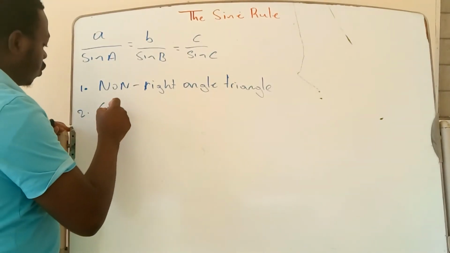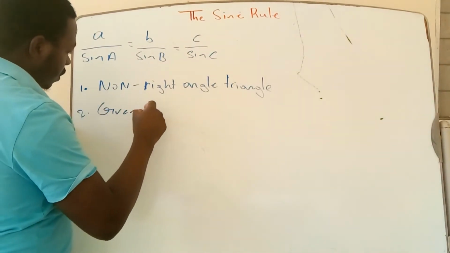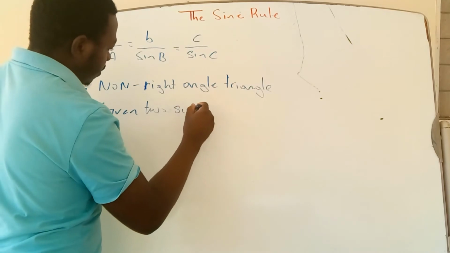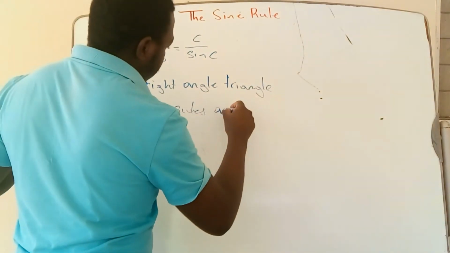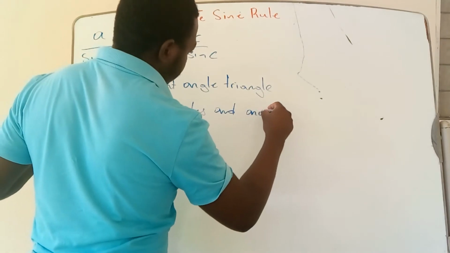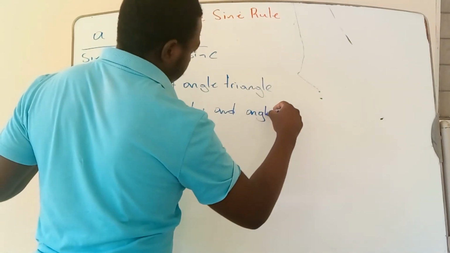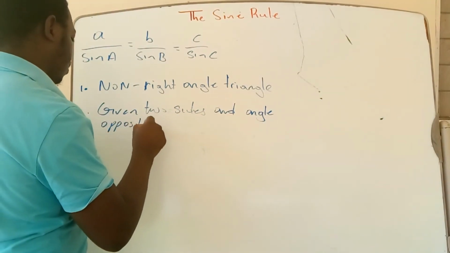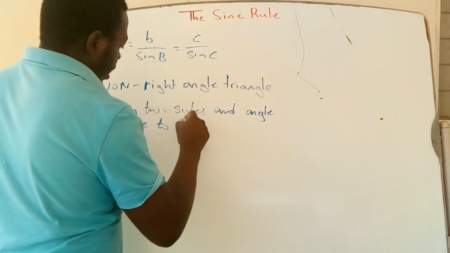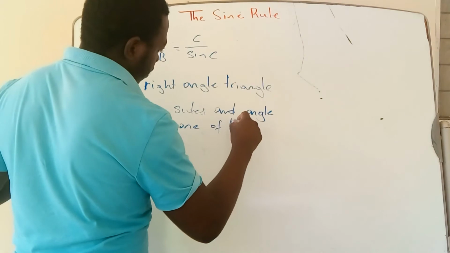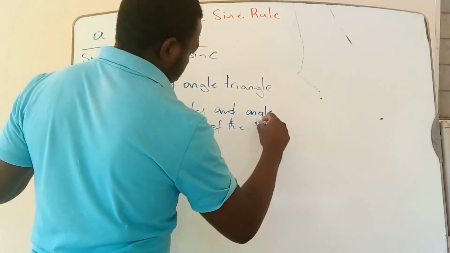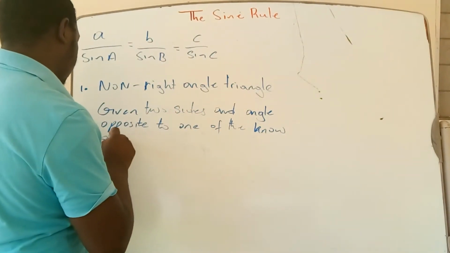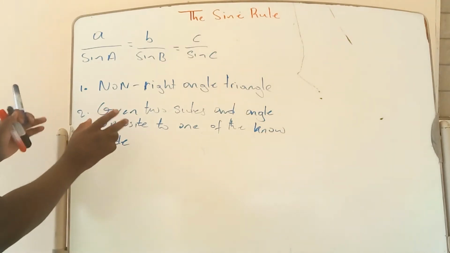You must be given two sides and an angle opposite to one of the known side. So that's one condition in which you know when to use it.